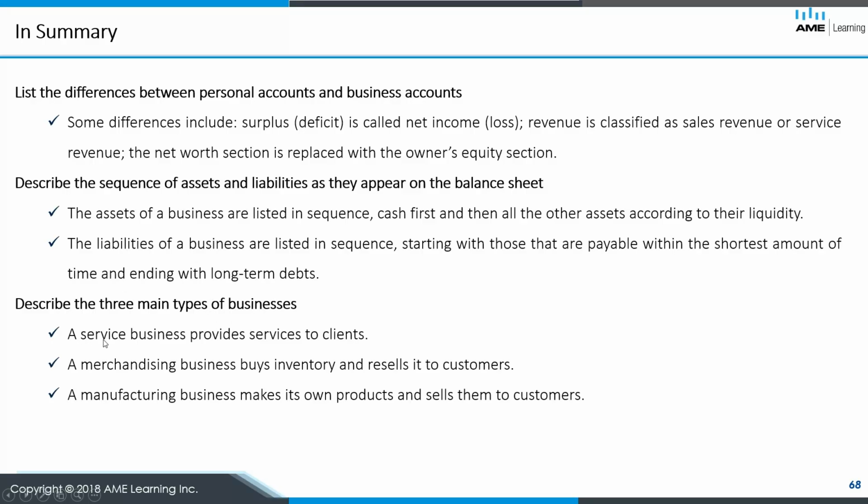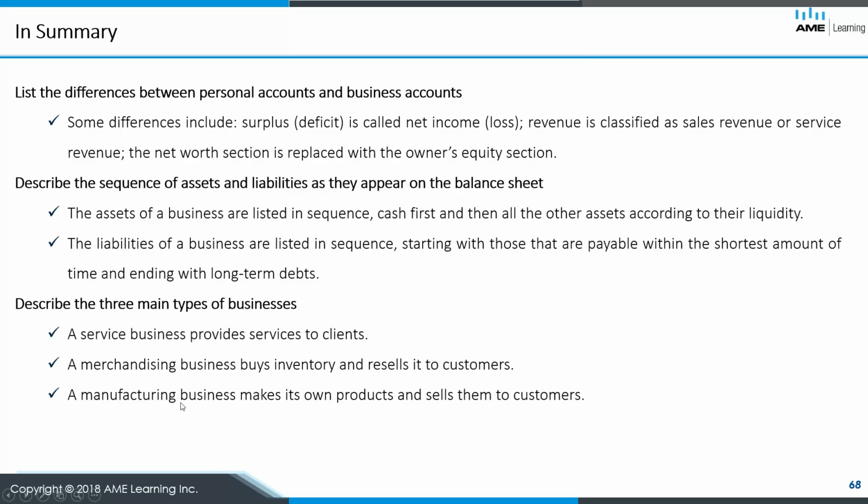3 main types of businesses. We have the service business, which just provides services to clients, doesn't sell any products, no goods at all sold. A merchandising business buys finished goods and resells them to customers, a middleman. Think of Walmart, or any gas station, or any company that just sells other products that are made by other companies.